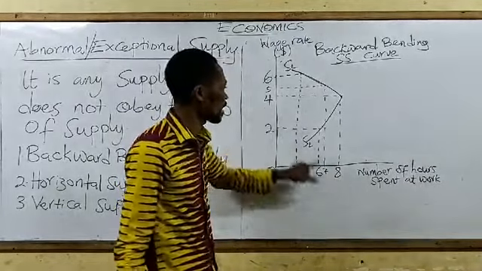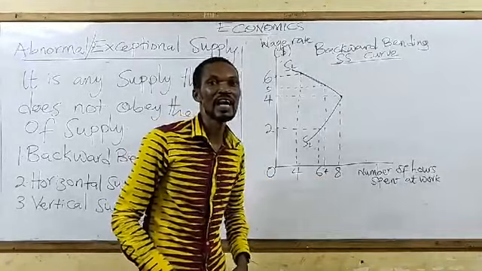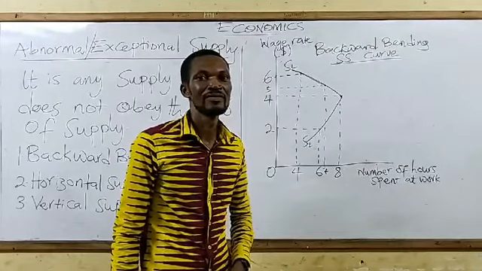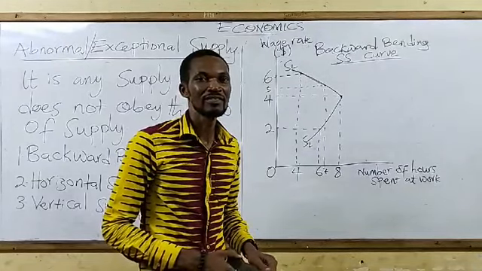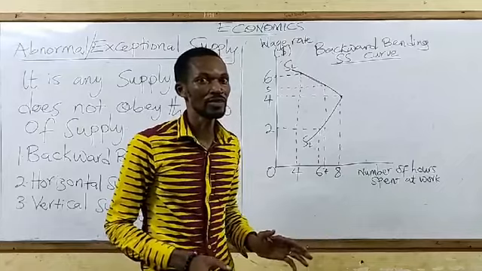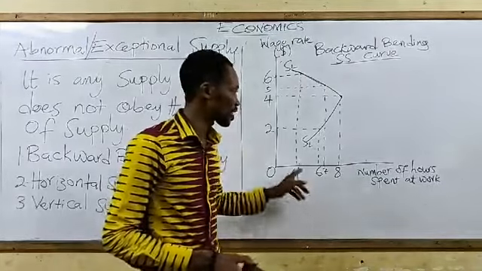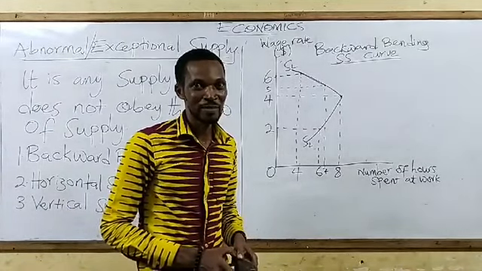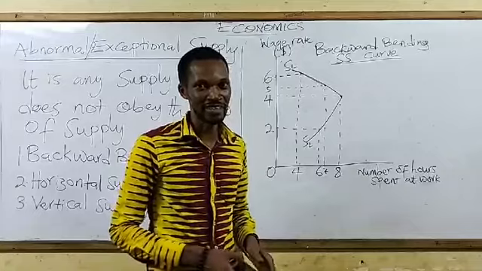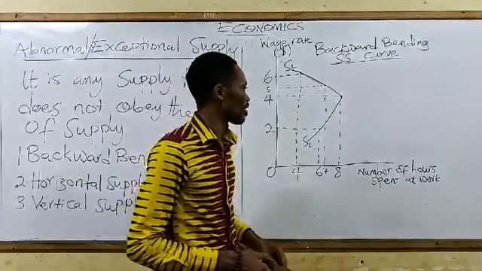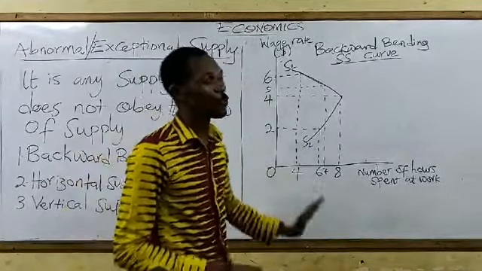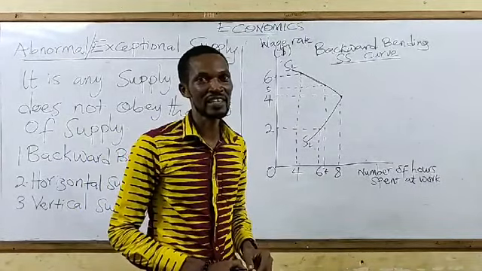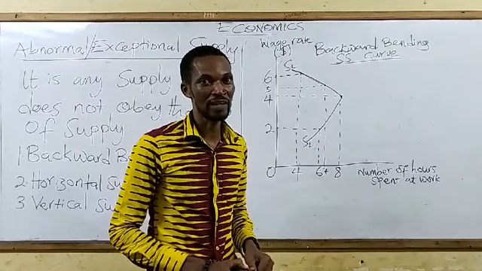So 4 times 8, what would be the answer? I don't think that you will get it wrong, because I want to believe that it will be 32. So $32. But if I'm wrong, take your calculator and check it. Okay, good. So this will do for the backward bending supply, which is the first exceptional or abnormal supply we have.